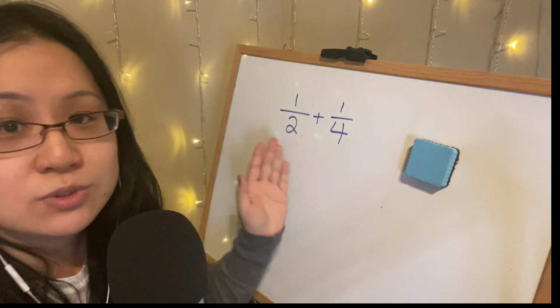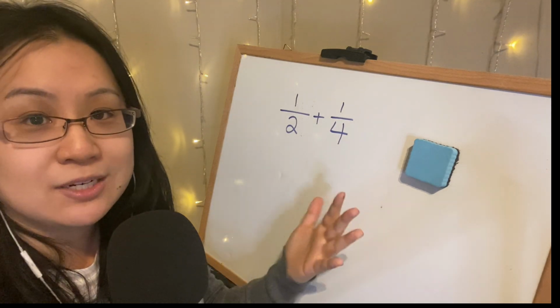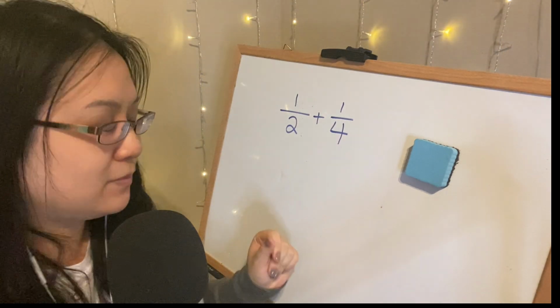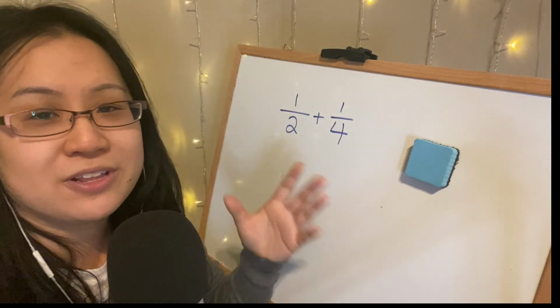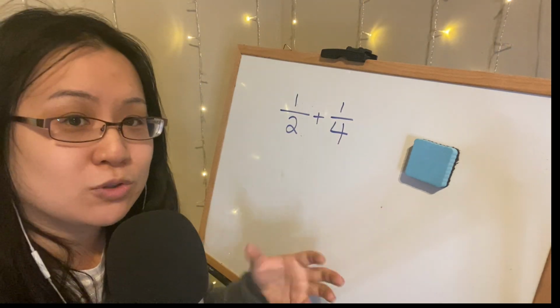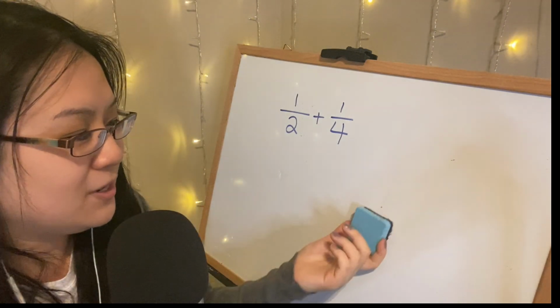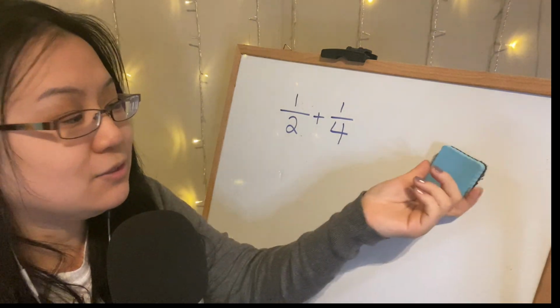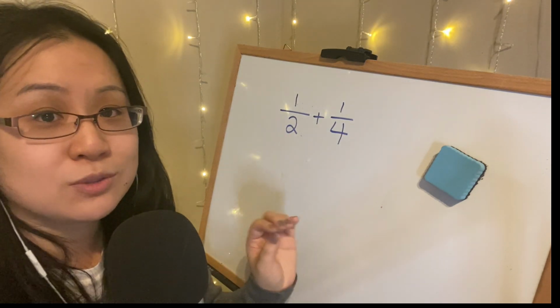So 2 goes into 4 2 times, 4 goes into 4 1 time with no remainder. Okay, so 4 is the smallest one, so we call that the least common denominator, least common multiple of the denominators. Use whatever wording you want, but theoretically you don't have to use the smallest one.